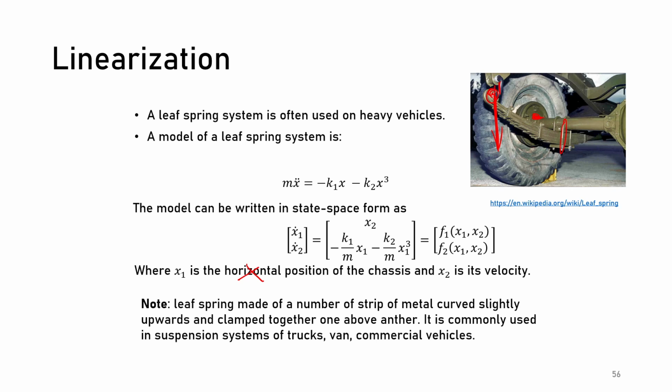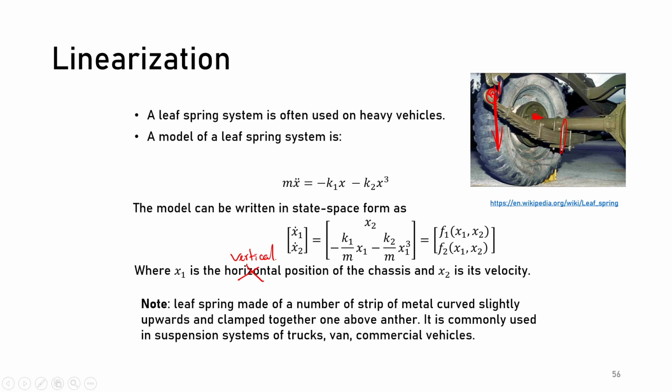It's supposed to be vertical. The mass can be the mass of the chassis, and actually there are like 4 springs, right? If we have back wheel and front wheel, 2 for the back wheel, 2 for the front wheel.